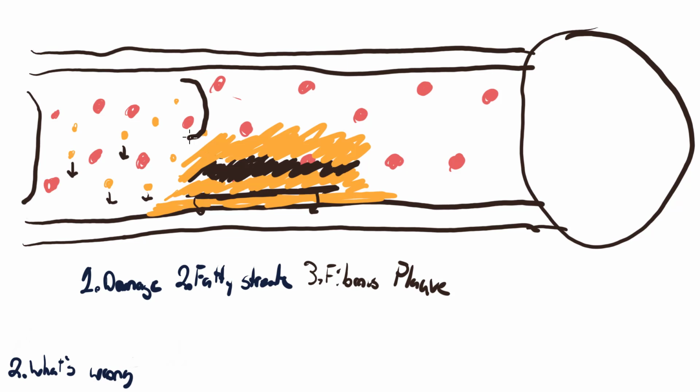And what can happen is after that collagen gets laid down, so we'll write that out, collagen, a complicated lesion can form where the plaque grows so large that it can actually ulcerate or rupture.